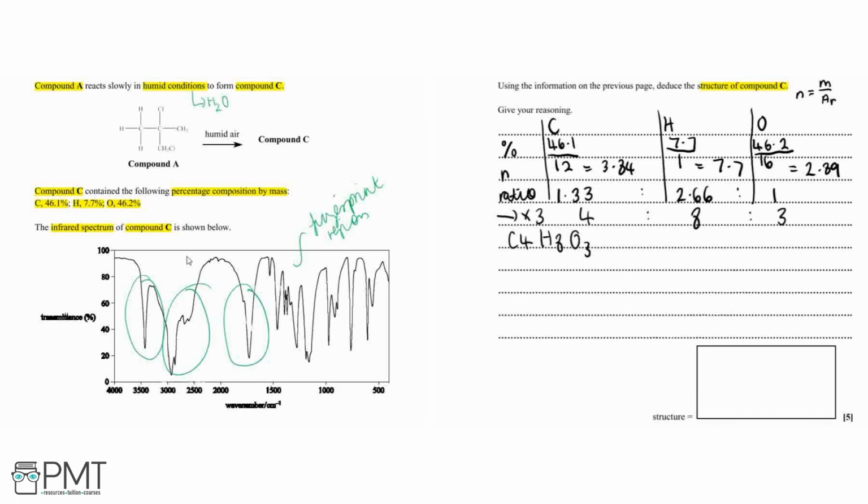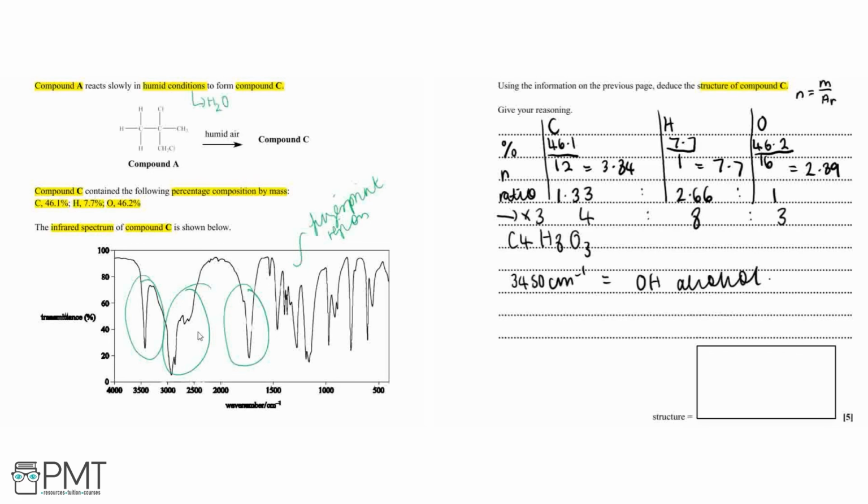So now, if you use your data booklet to look at the transmittance and the wave numbers, so the different wave numbers for these peaks, we can identify this peak here. So that's the peak at around about 3,450. This is going to belong to the OH from an alcohol overall.